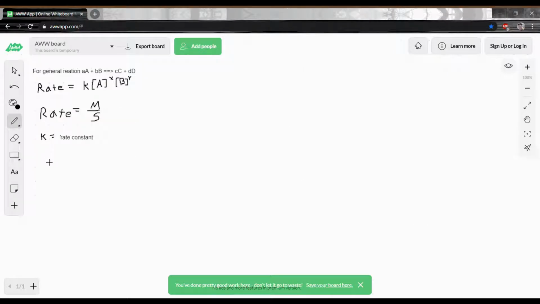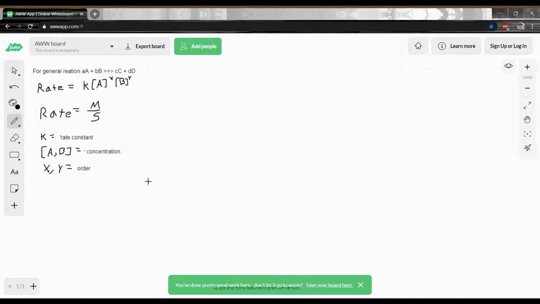As before, anything within brackets like A or B, this is the concentration. And then the exponents up here, x and y, that is going to equal our order.